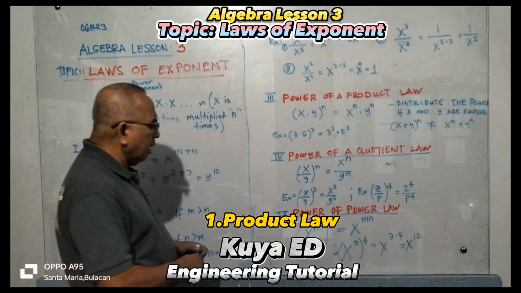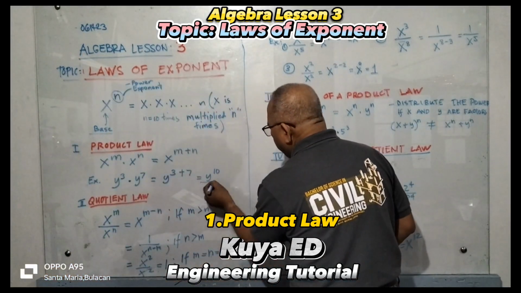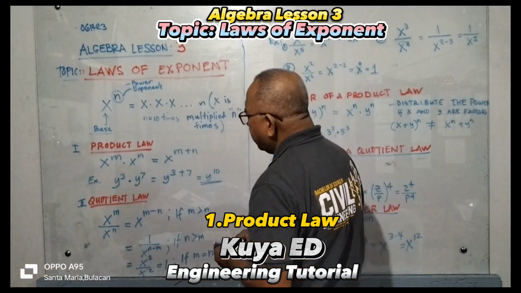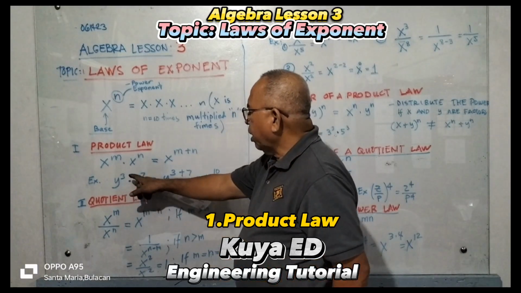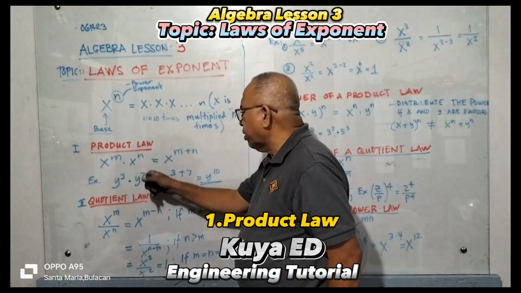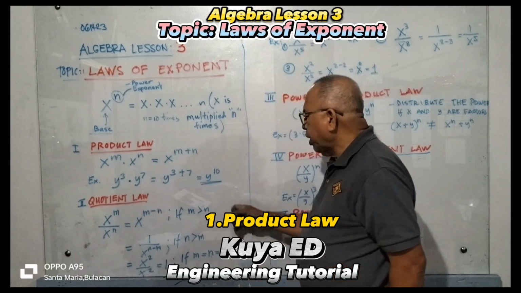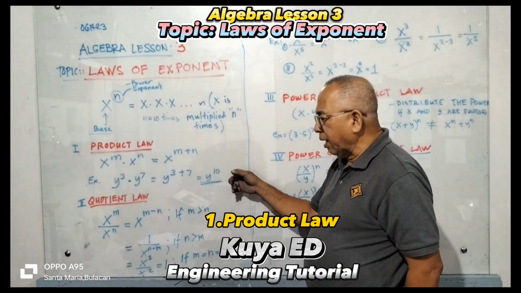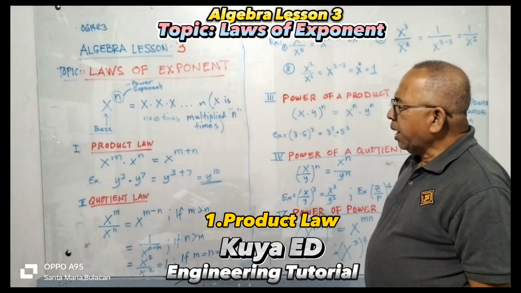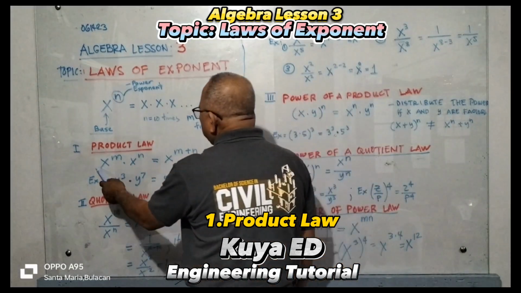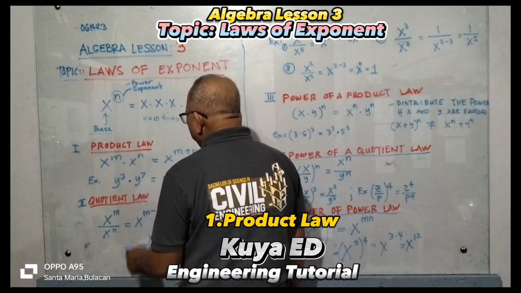So, yun ang ating sagot. So, kung makakita ka ng ganong case, ang y to the cube multiplied by y to the 7, pwede mo na siyang gawing y to the 10. So, yan ang product law. Kaya product law kasi multiplication.